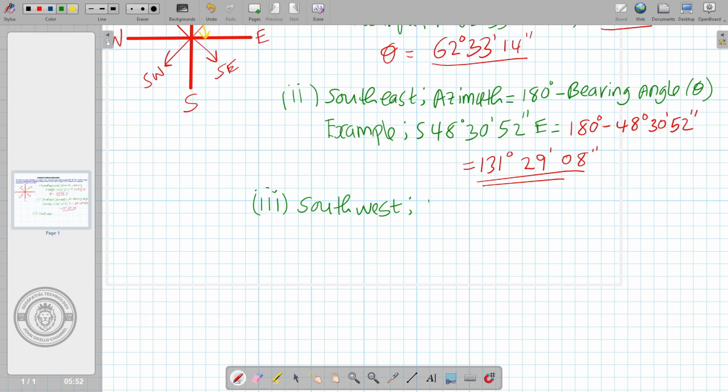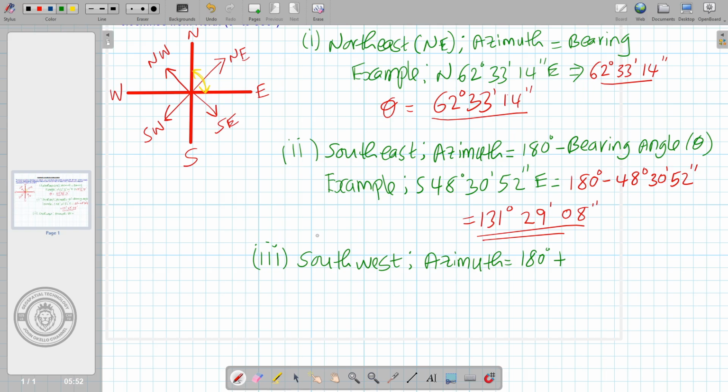Sorry, I forgot to show you where southeast falls.